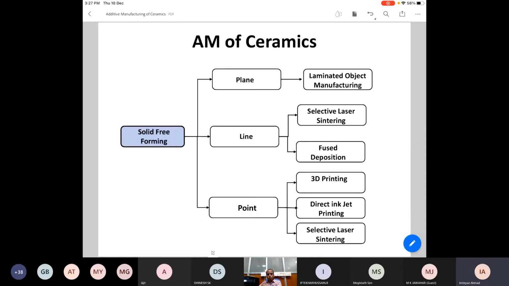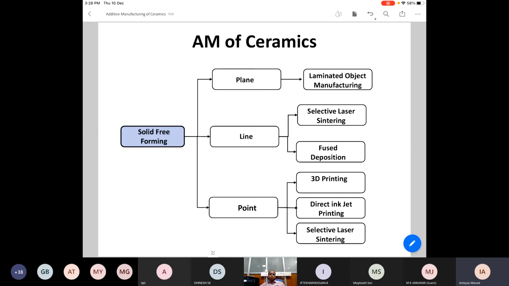Now, you can also talk in terms of free form. That means how to form a solid. You can either form by adding pointwise, and that's how we do in the case of powder processing. You do additive manufacturing from a powder. Do not process the powder much. Add just some binder and build the powder one over another, layer over layer. So when you build with powder, we call it pointwise buildup. Or you can draw a filament and then deposit that filament. That's a line kind of process.